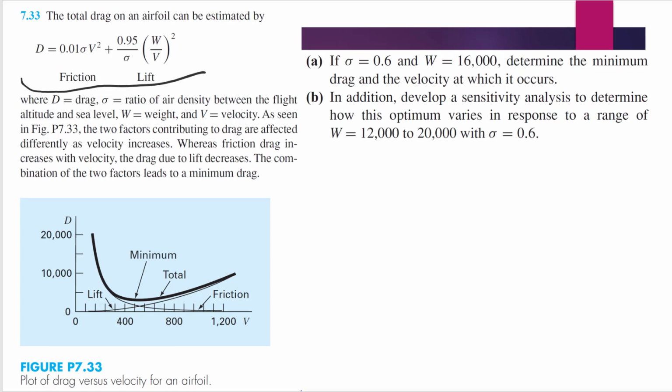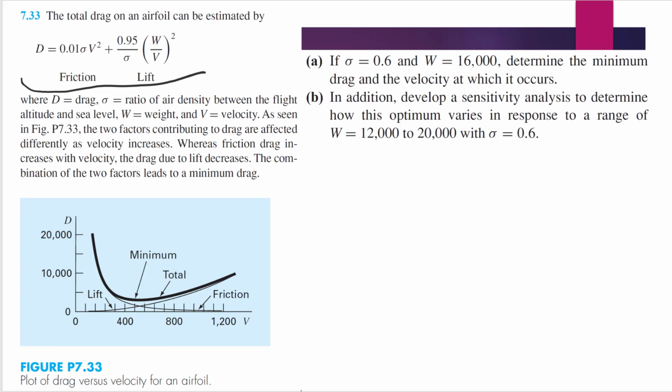All right, so we know the value of sigma and W. We want to find the value of V which makes D minimum, right? We also want to know what the minimum value of D is.